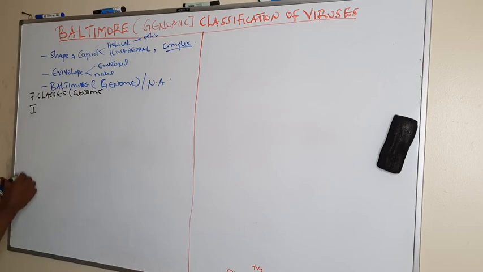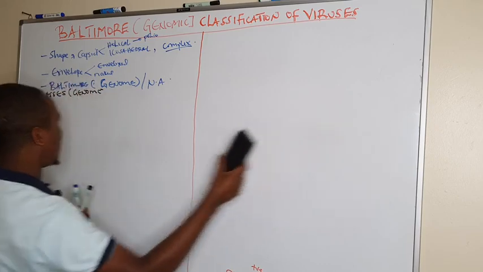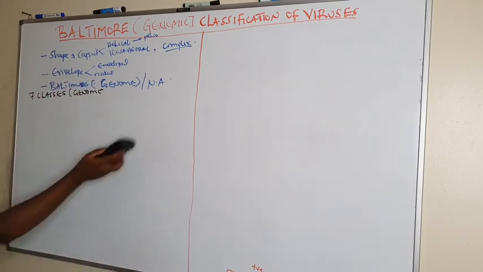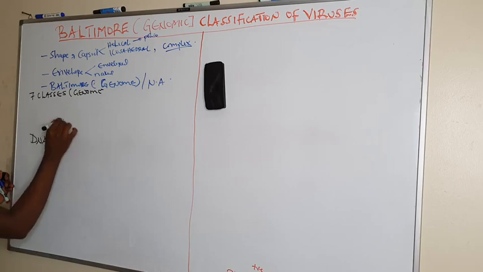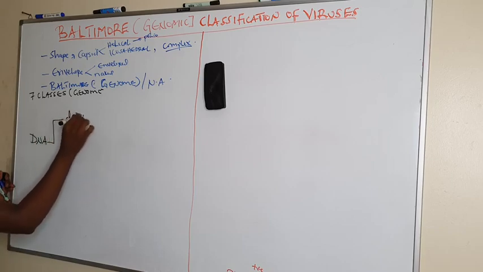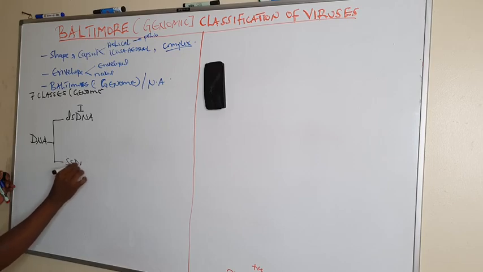The first one is class 1, then class 2, whereby we can begin with classifying DNA viruses. For those with DNA, some viruses have double-stranded DNA, which becomes class number 1, and others have single-stranded DNA, and this one becomes class 2.